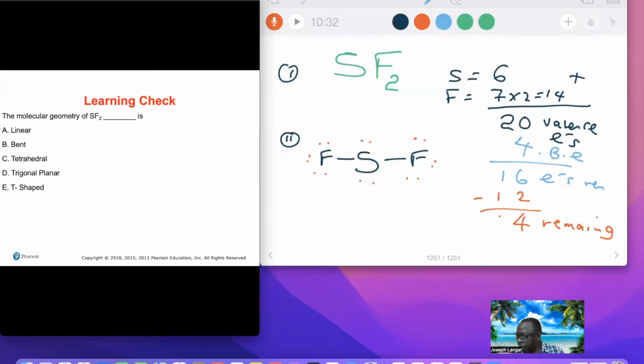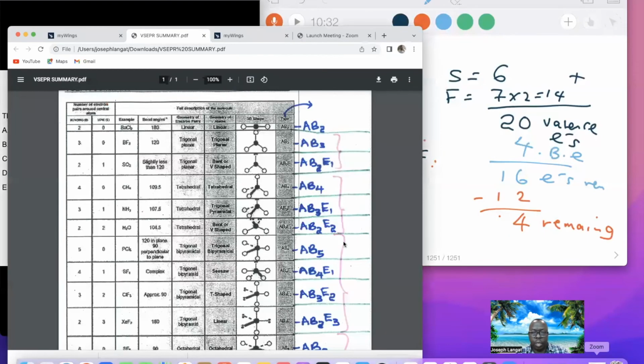And the general formula here is AP2E2. Look at the geometry of the atoms. This is the molecular geometry, by the way, which is bent.